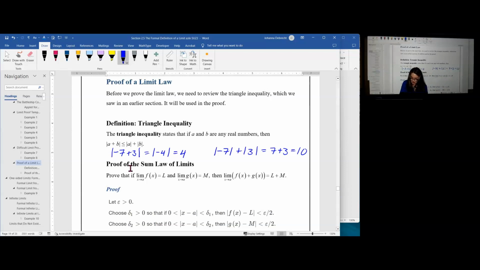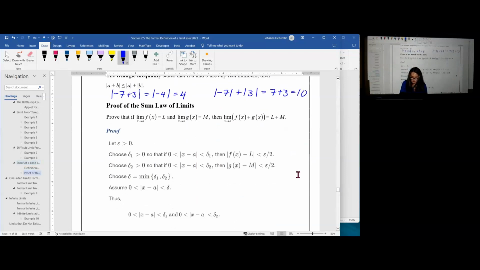Let's prove it. Now, how are we going to prove that? Well, if you think about it, it's going to make perfect sense to you. I'm just going to make this be less than epsilon over 2, and this one be less than epsilon over 2. And then when I add them together, epsilon over 2 added to itself is going to give me epsilon.